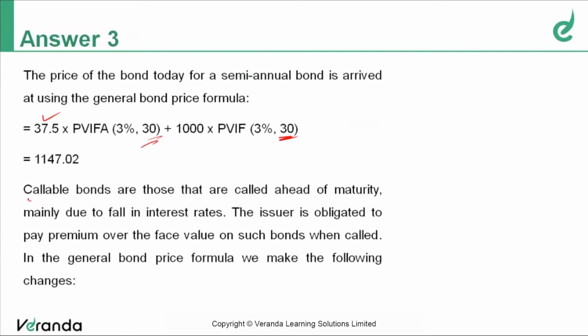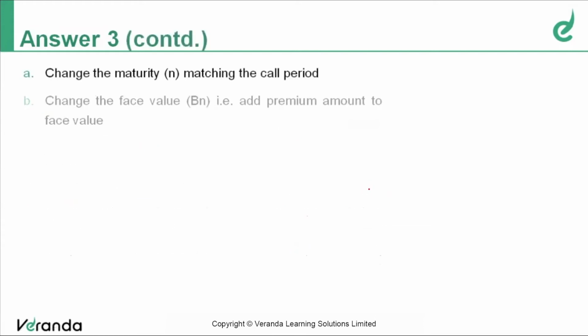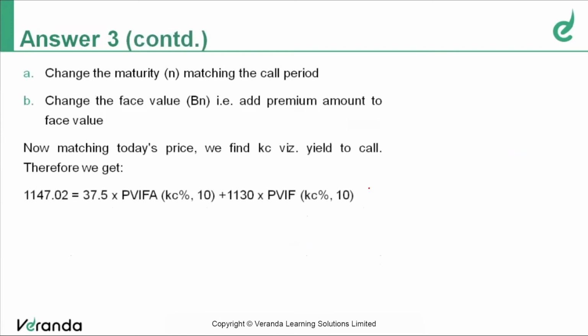Callable bonds are those which are called ahead of maturity, mainly due to falling interest rates. These things I have just explained. So what is yield to call?